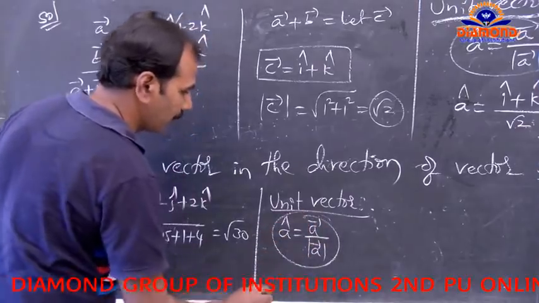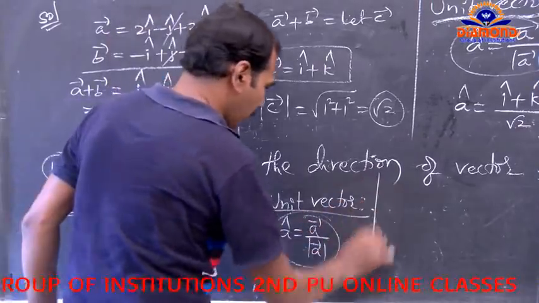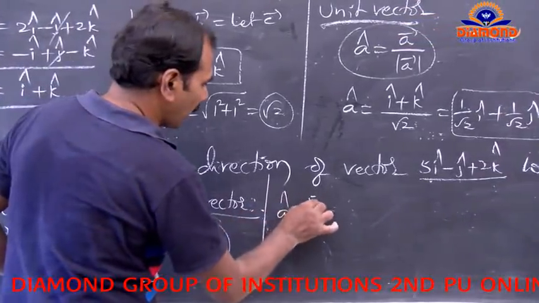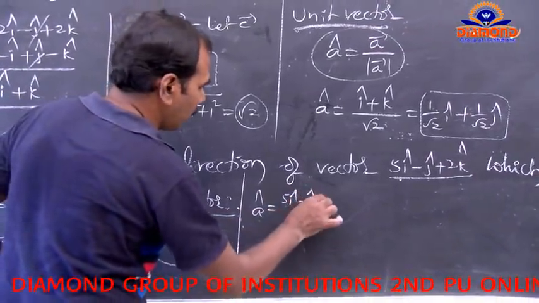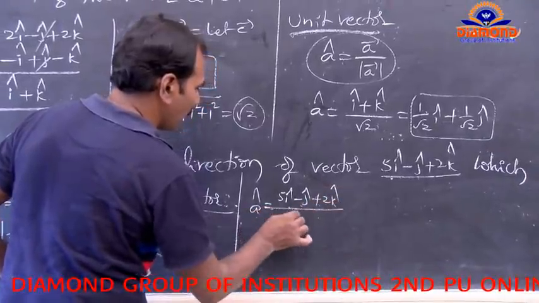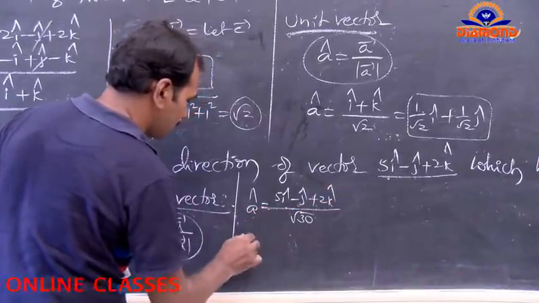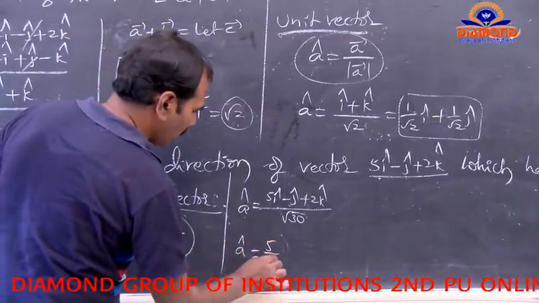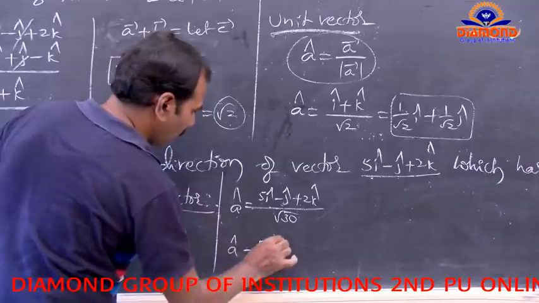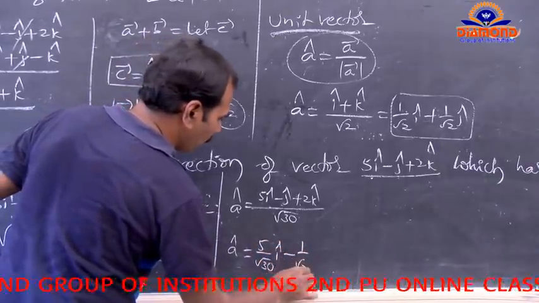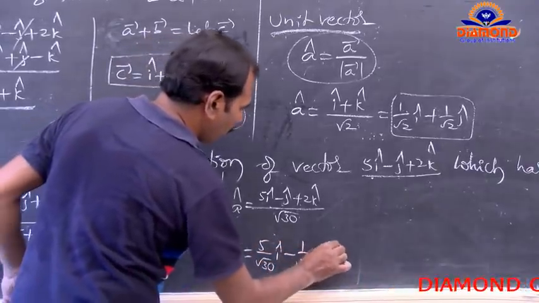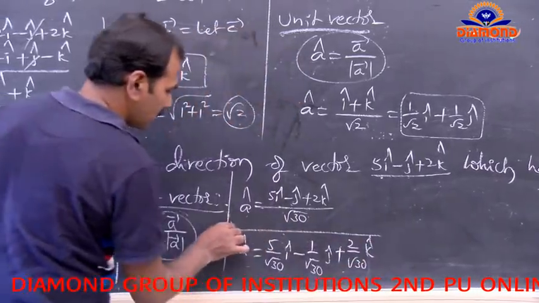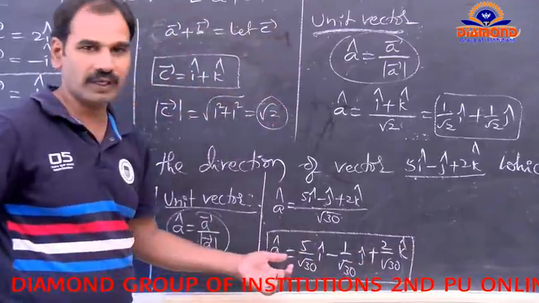This is the formula. So a cap equal to 5 i cap minus j cap plus 2 k cap divided by root 30. It means a cap equal to 5 by root 30 i cap minus 1 by root 30 j cap plus 2 by root 30 k cap. So this is the unit vector.